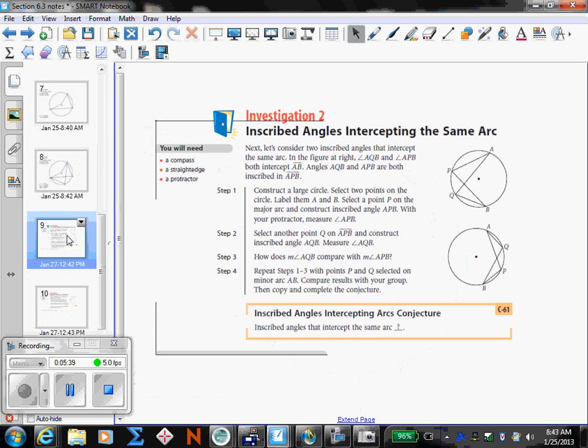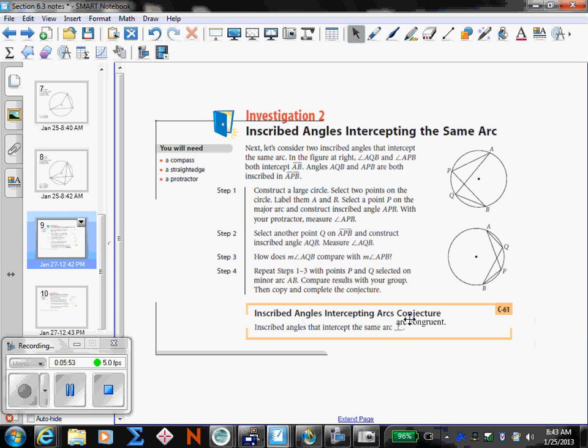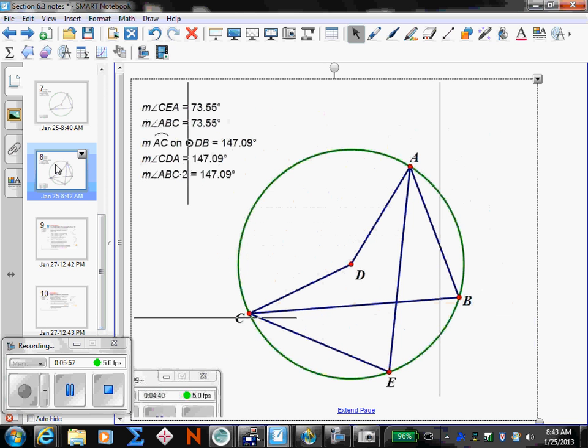Our next conjecture, inscribed angles that intercept the same arc are congruent. And here's the picture that goes with that one.